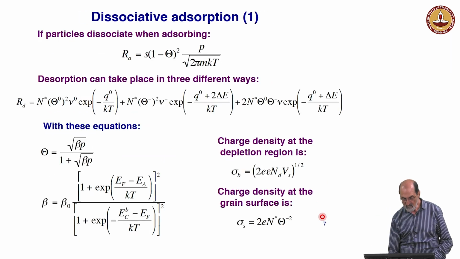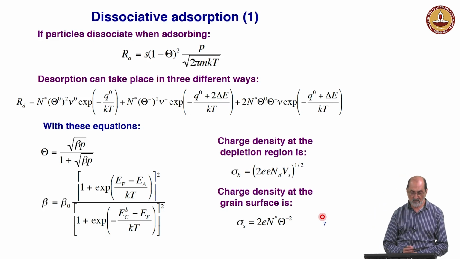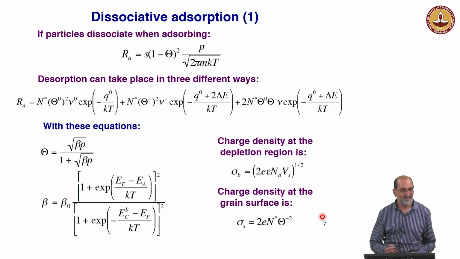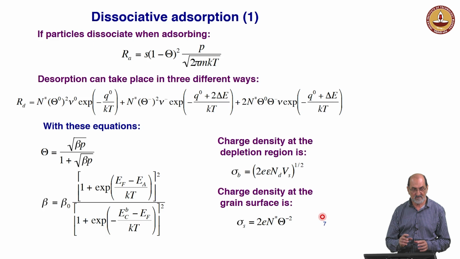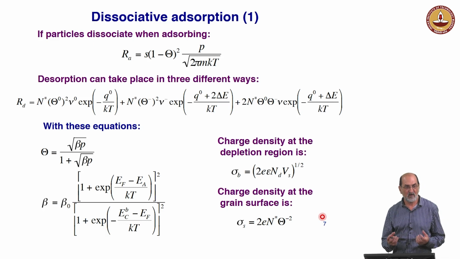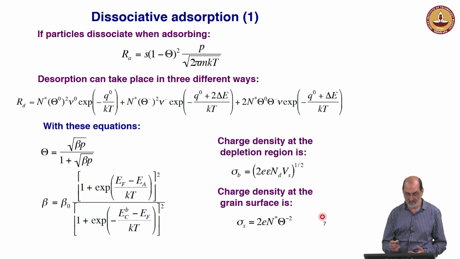Okay, we extended this work of Falkenstein. This is ours. Well, it was not a great work, but we did it. We extended this to dissociative adsorption. Let's suppose the molecule goes to the surface and dissociates. We are thinking of oxygen. It's a molecule and dissociates. So to extend those results was not very difficult.